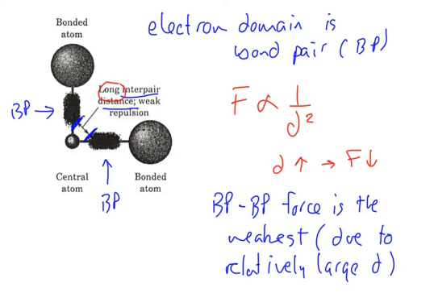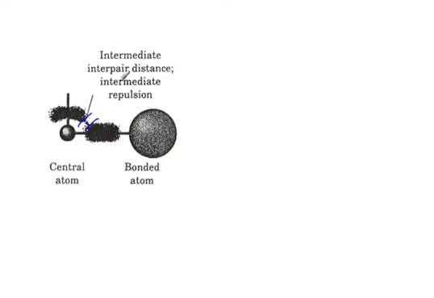So the next force we want to talk about is this one, and you can see that interpair distance is intermediate, so it's smaller. Here we talk about a lone pair. This is a lone pair. And we still have a bond pair, but that lone pair is there. Now, why is the distance smaller? Well, you can imagine the lone pair is there because we removed the bonded atom up here.